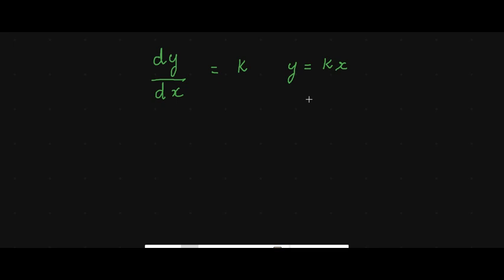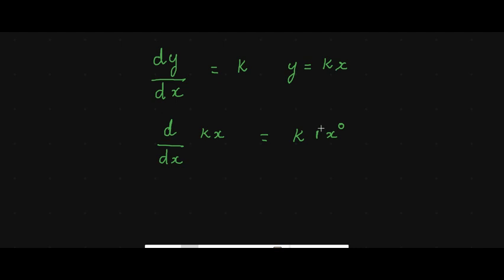Again, very easy to prove. If you want to find the derivative of kx, the constant will remain the same, and then x to the power of 1 becomes, you take the 1 and x to the power of 0.